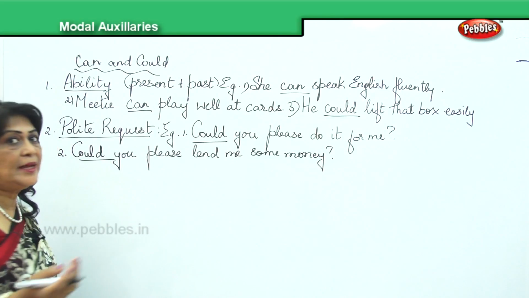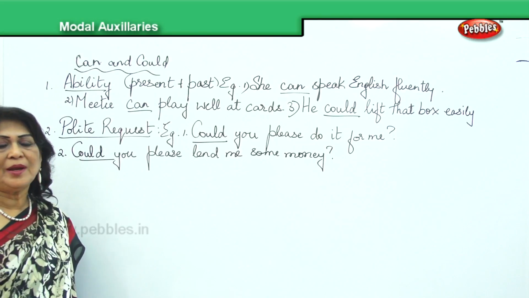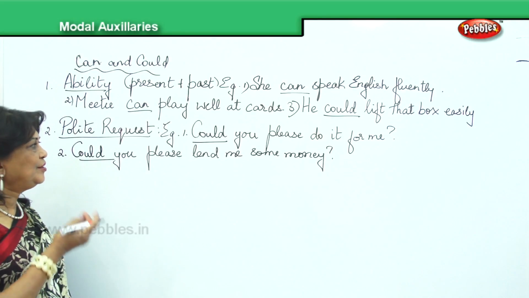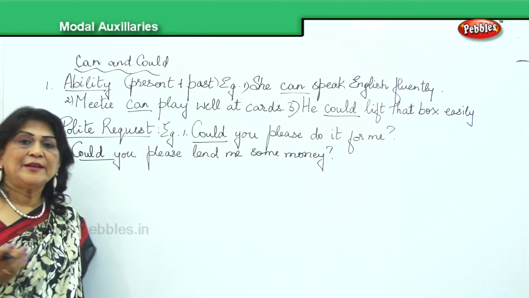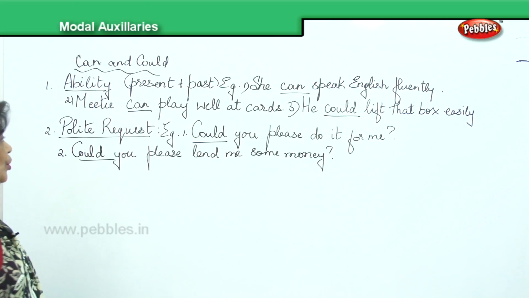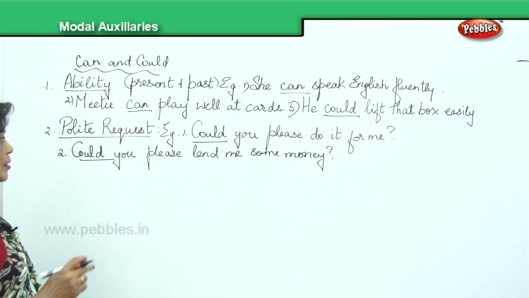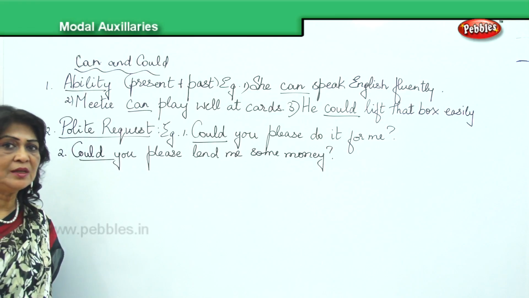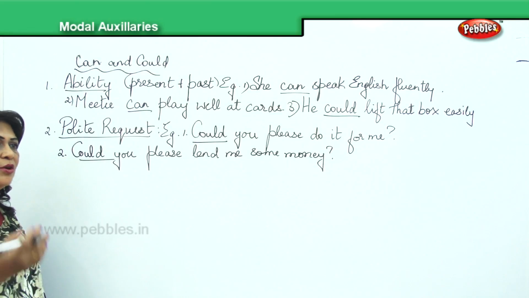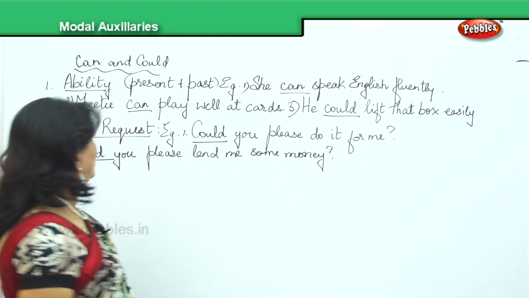Could you please lend me some money? Could you please do it for me? This is a polite request, and you are just saying it in a very nice way. Okay? Here we use only could. Don't use can. You should only use could. To a higher official, when you speak, or just to show polite request, you use could.